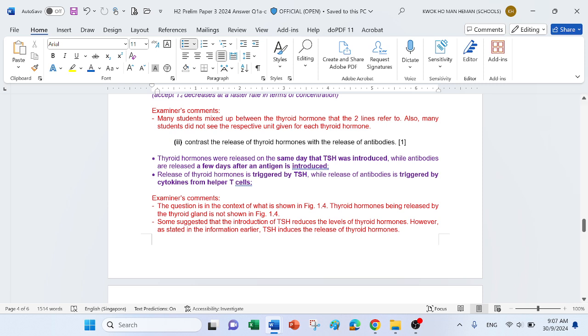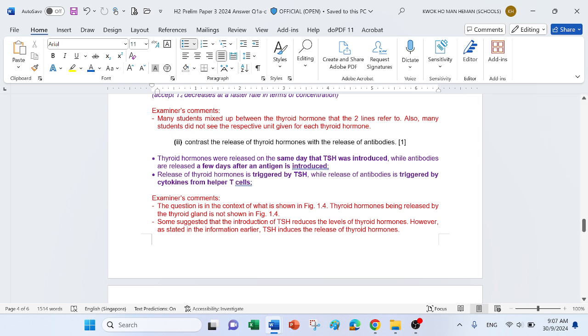So a molecule that triggers release compared to the cell that releases, this is not the same feature of comparison. So that is not accepted. Here, a clear feature of comparison: we are talking about the molecule that is triggering the release of either your thyroid hormones or antibodies.